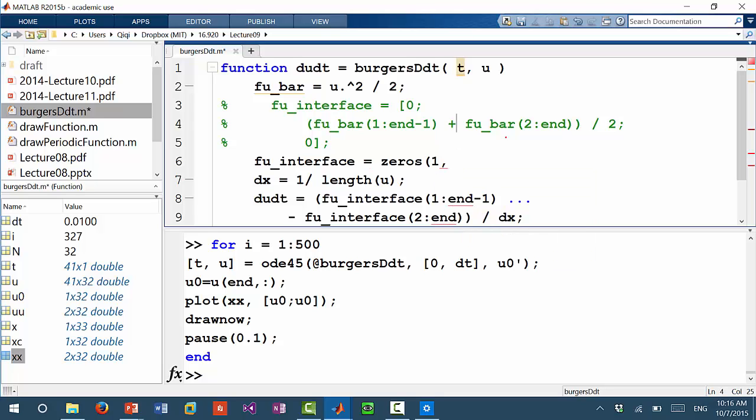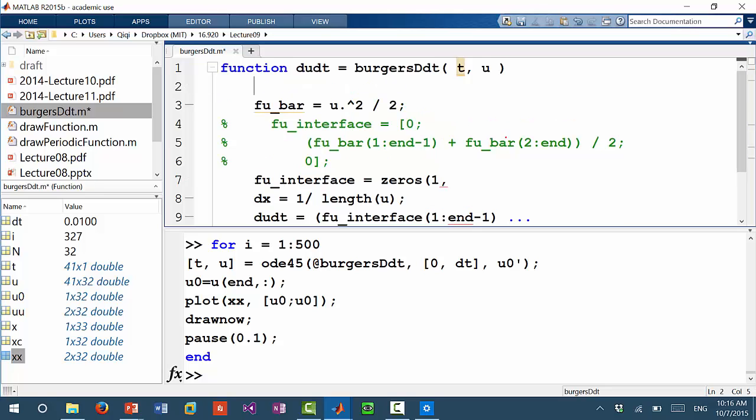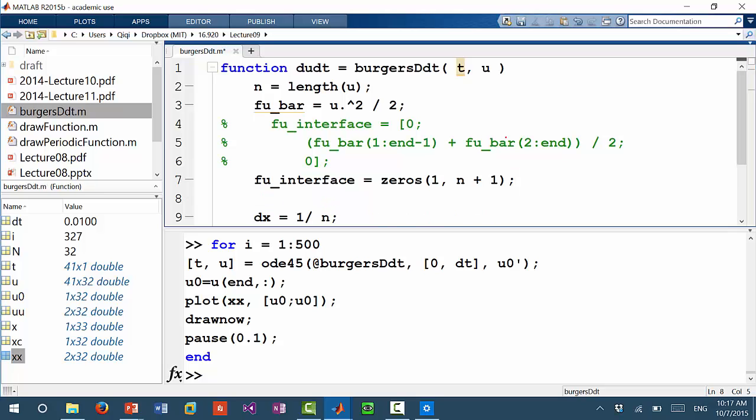So in the beginning I'm going to say n is equal to length of u, and the dx, we don't need to evaluate this again, 1 over n, and FU interface is n plus 1, right? Because the interface includes the left and right points, and I don't need to touch the beginning or the end, I only need to touch the middle. So I'm going to loop for i goes from 2 to n.